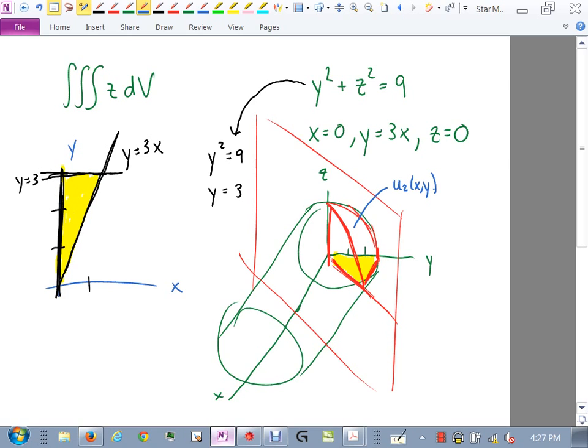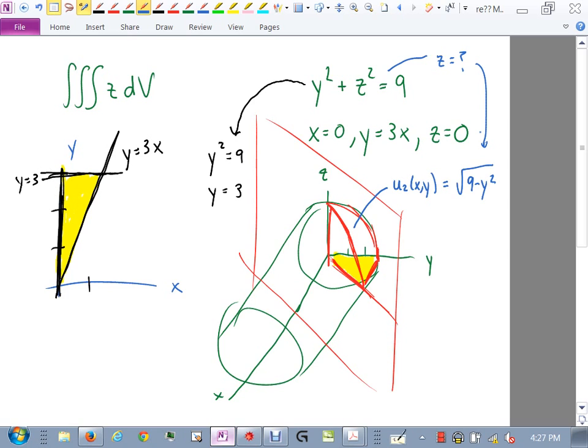How do I get that surface? Solve for Z, and what do you get? Square root of 9 minus Y squared. Right? So all you did was take this and solve for Z. That goes here, because this cylinder is a surface, right?